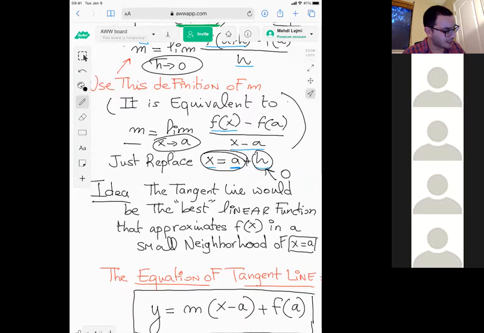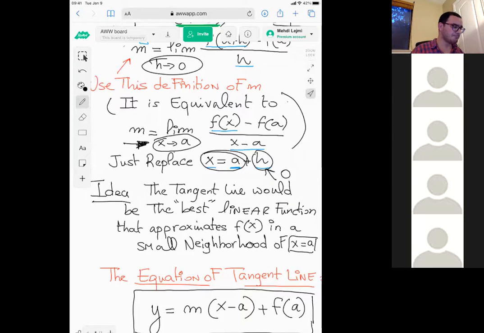I need my approximation to be valid in a very small neighborhood of a, so I need to approach a as close as possible. That's why h is going to 0.